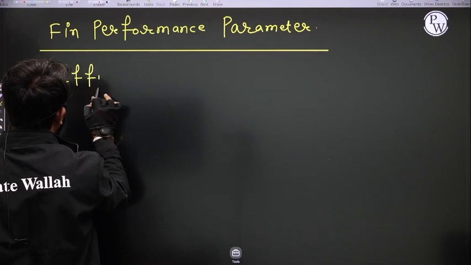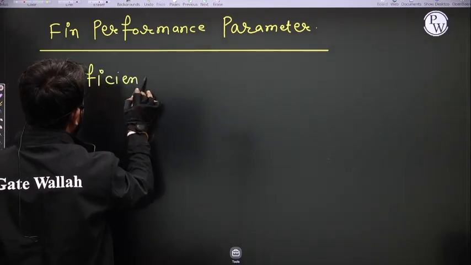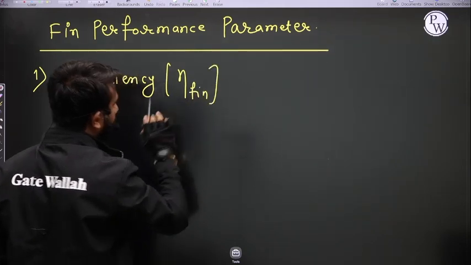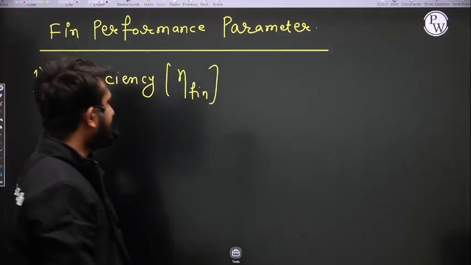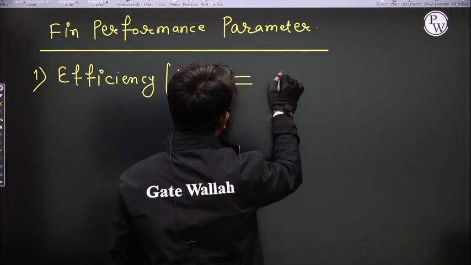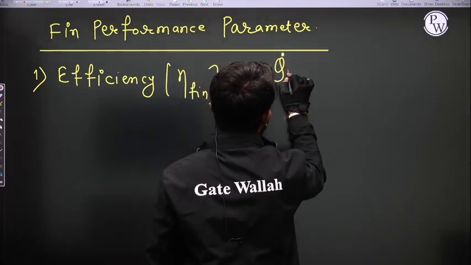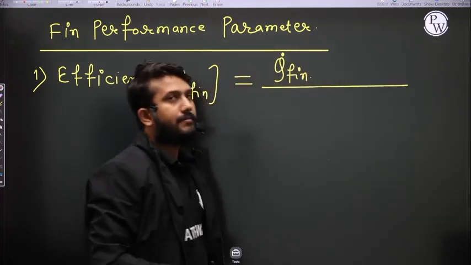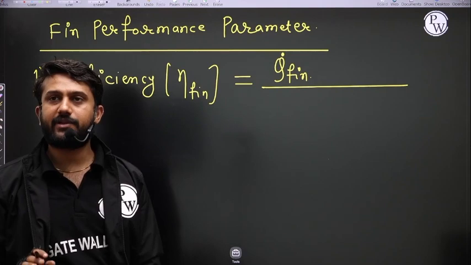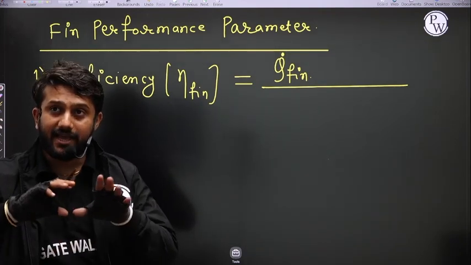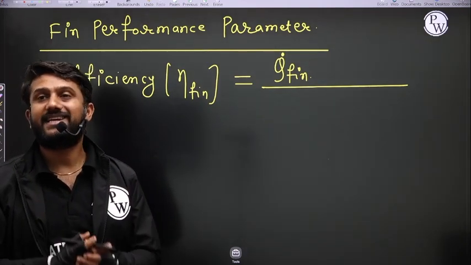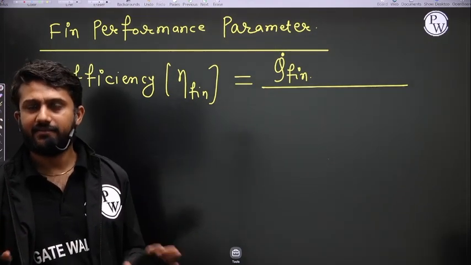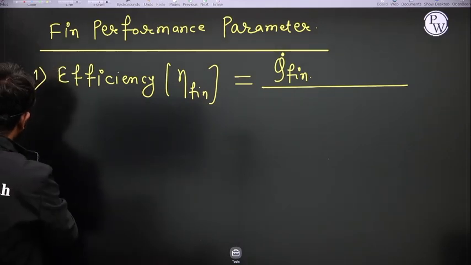What is the efficiency of the fin? The efficiency of the fin is equal to the actual rate of heat transfer through the fin divided by the maximum rate of heat transfer through the fin when the entire fin surface temperature is maintained at the base temperature, which is a hypothetical thing. I am not saying this is a practical thing, right?